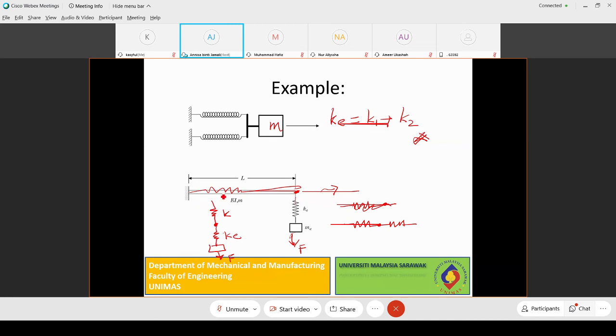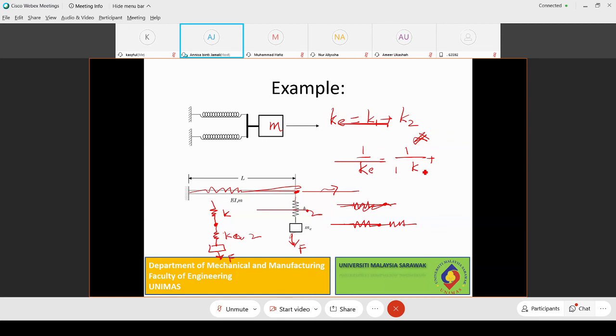Since this is in series, you have to inverse, right? So 1 over Ke would be equal to 1 over K plus 1 over K2. Sorry, this shouldn't be Ke here. They say this one is K2.